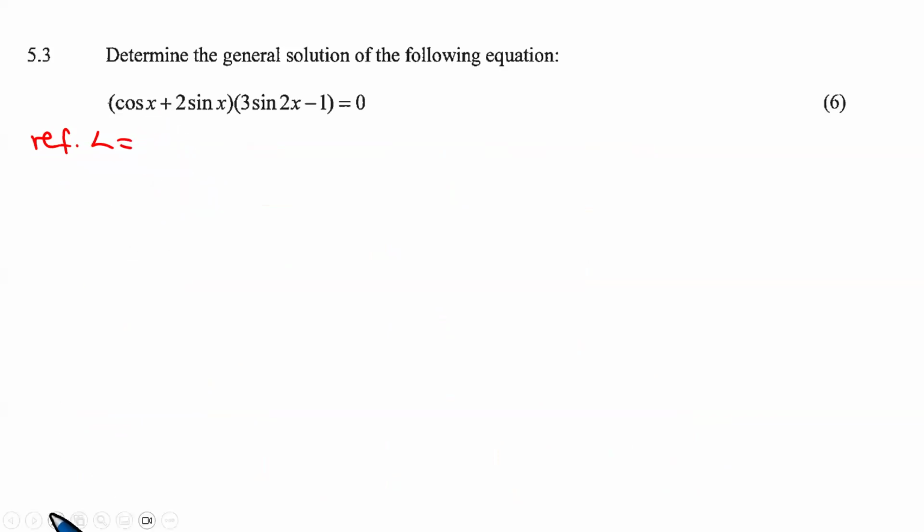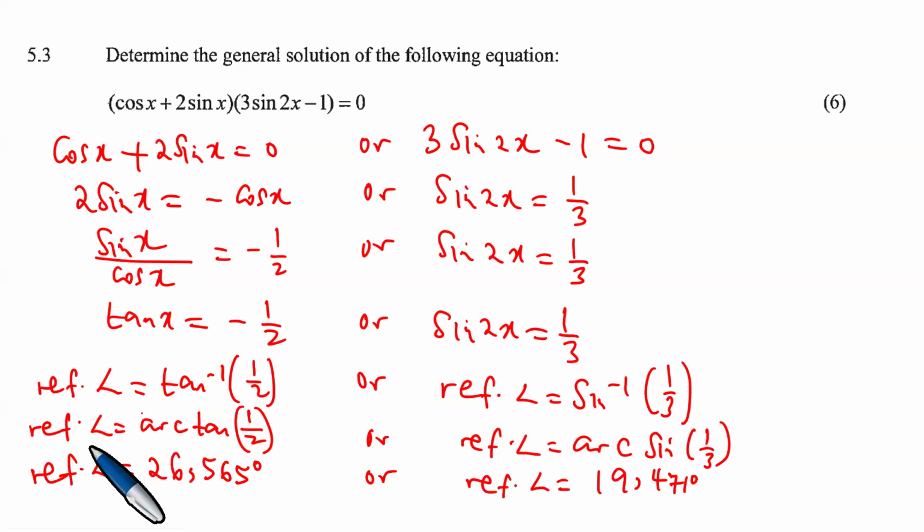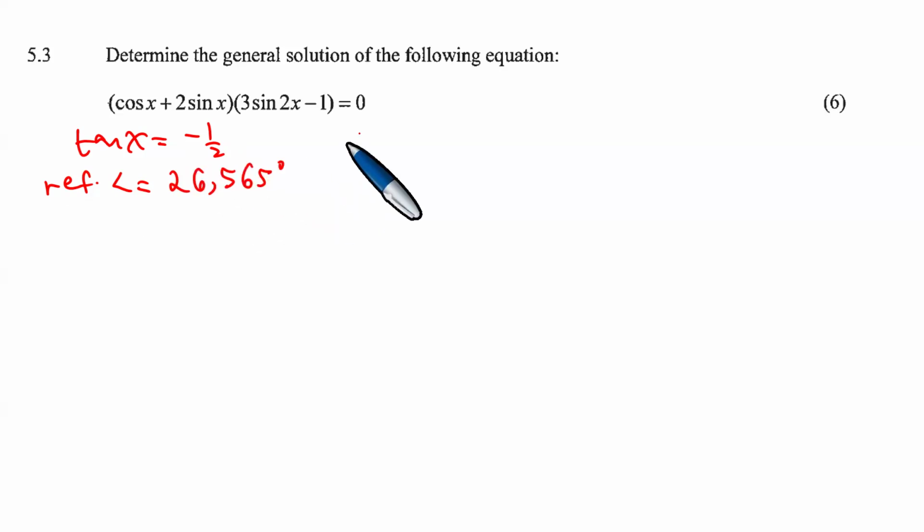Now I want to first write a very important step. We need to recall that we had the tangent of x equals minus 1/2, which came down to the reference angle 26.565 degrees.